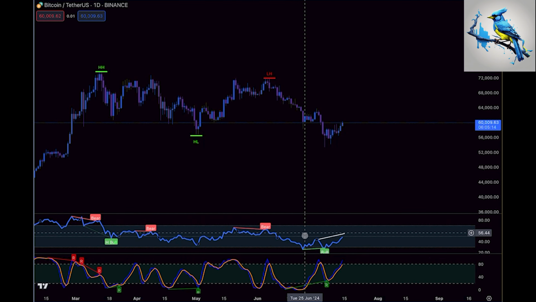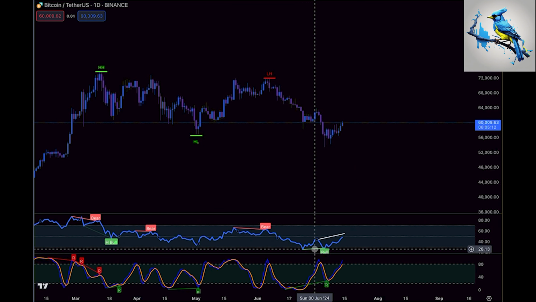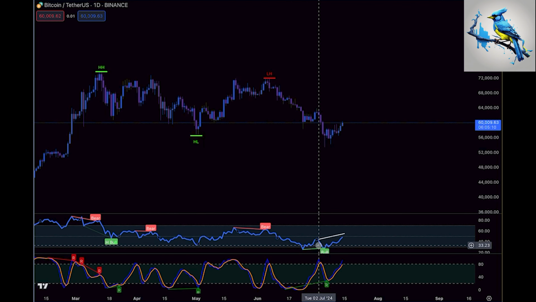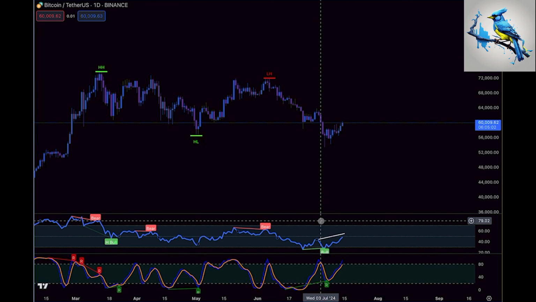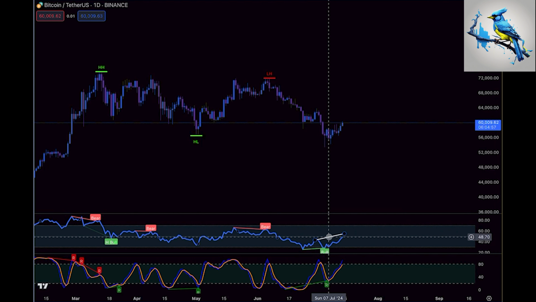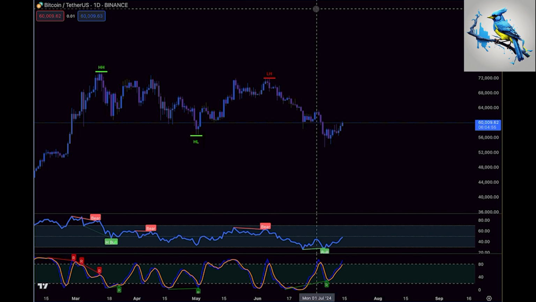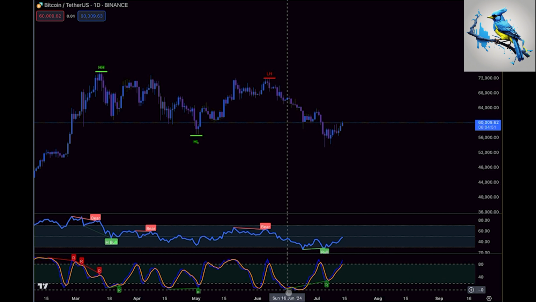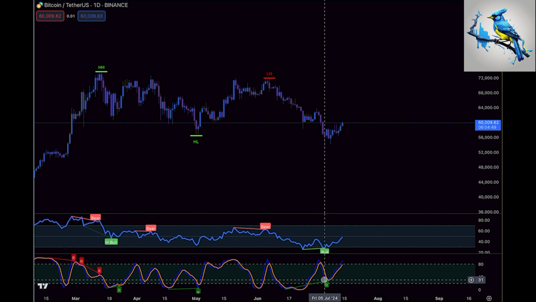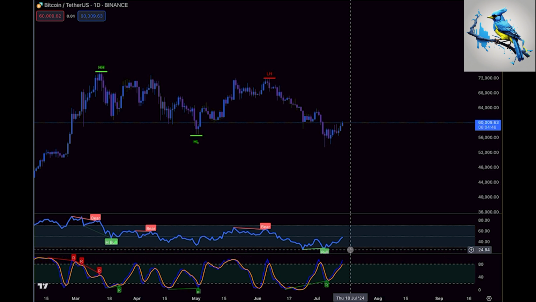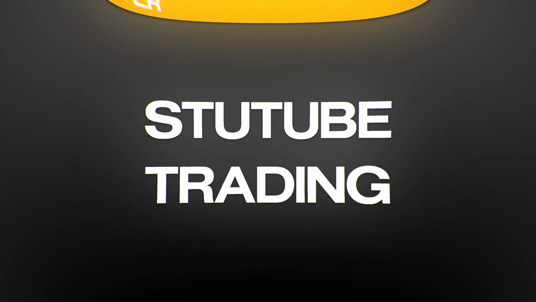So this is a very good example showing that you simply cannot go long or short on an asset when it enters the overbought or oversold territories unless you have confluence: it's on a support level with divergence, with added confluence of momentum from our stochastic RSI, showing that the bulls are stepping in.